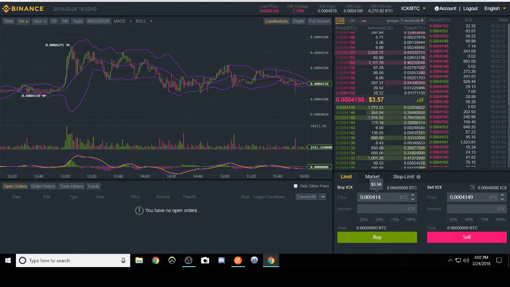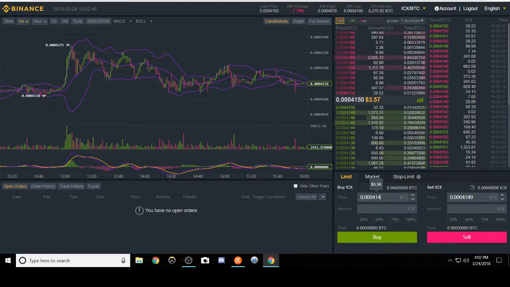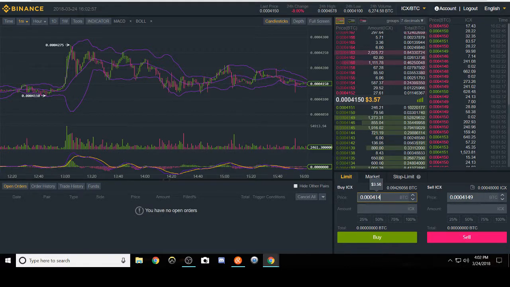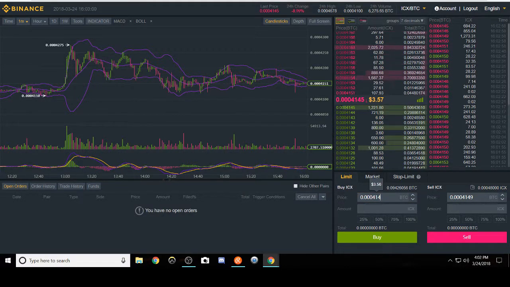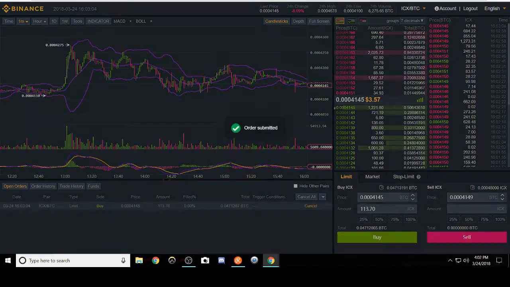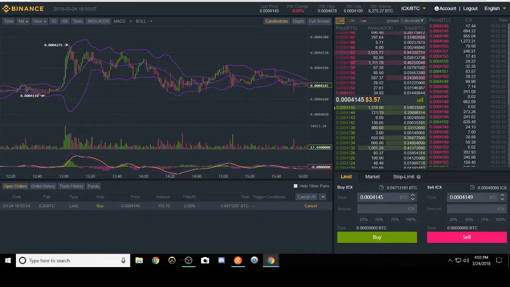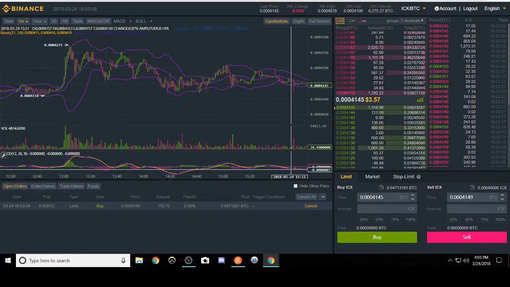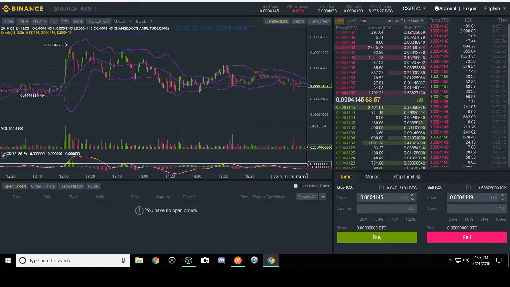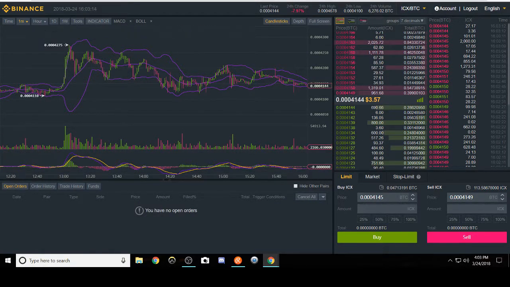We want to see 4145. That's where I want to be at. 550 buy. So we have an order. Let's see if it's gonna fill right now. There, it filled. Now let's go to sell.